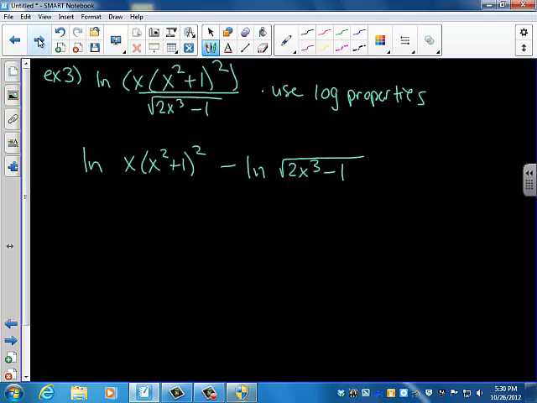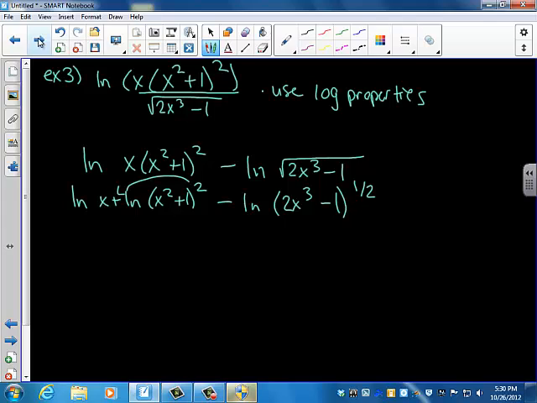Now we're going to do some more rewriting. That multiplication right there becomes addition. So ln of x plus ln of x squared plus 1 squared minus ln of 2x cubed minus 1, raised to the 1/2, because square root becomes 1/2. Now, do y'all remember that rule where your exponent comes down?